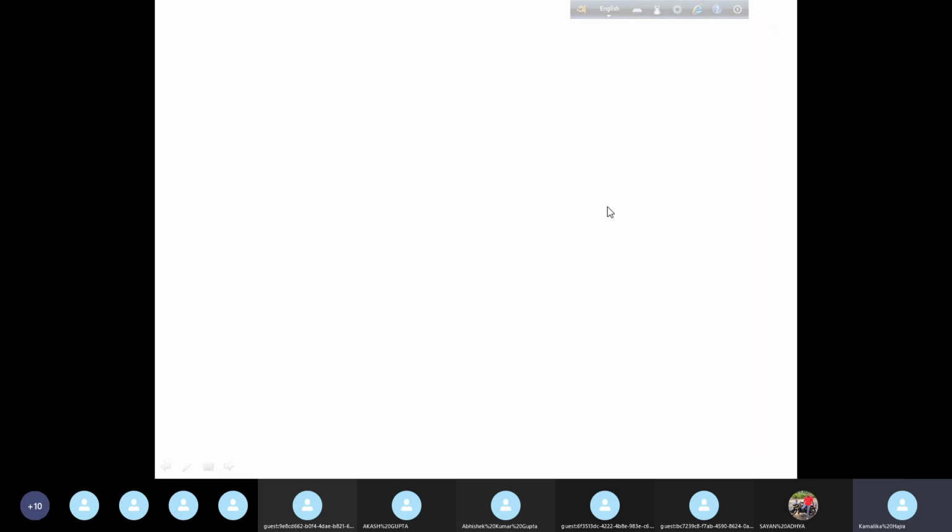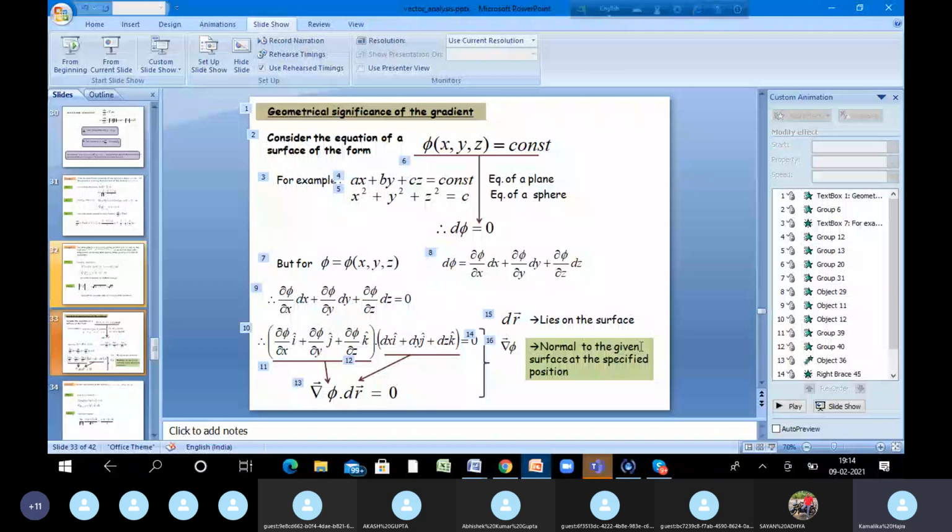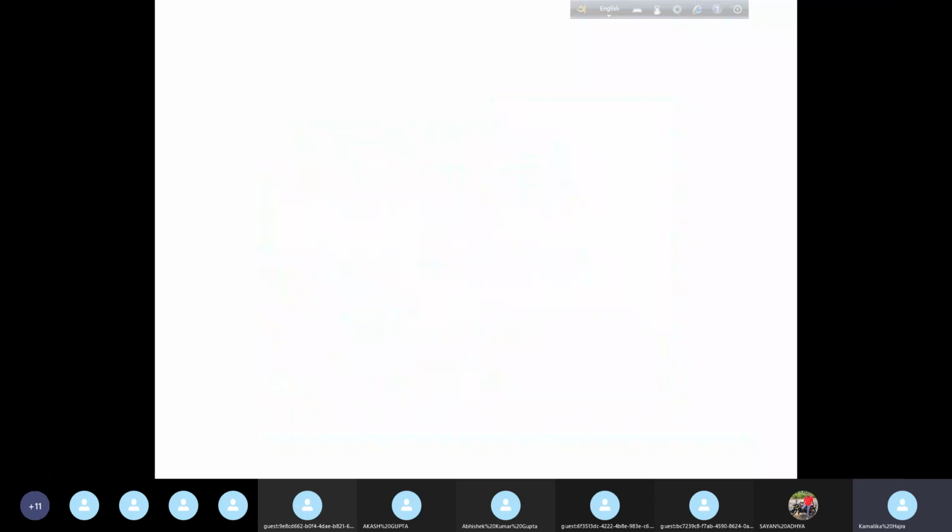Now the other significance of the gradient operator is the geometrical significance.